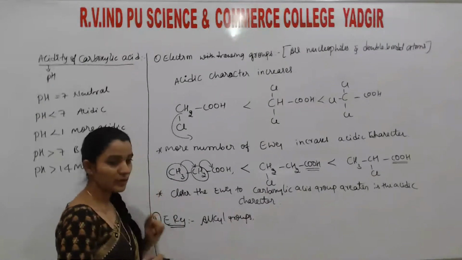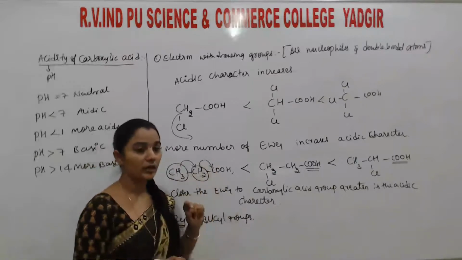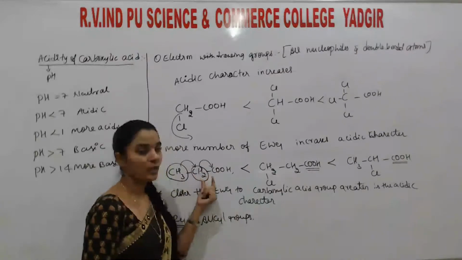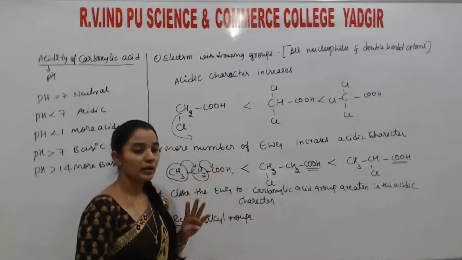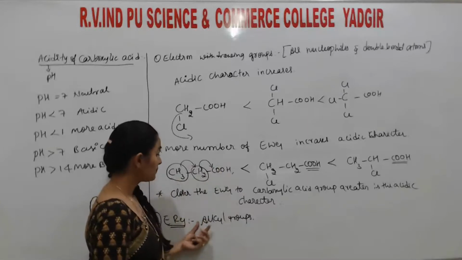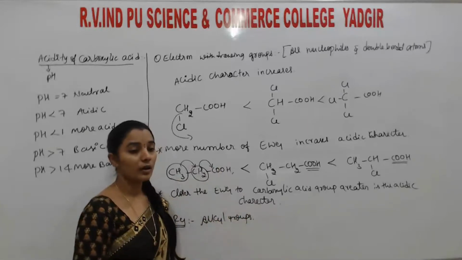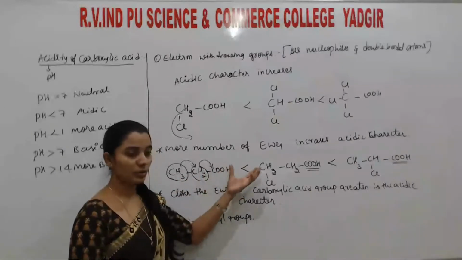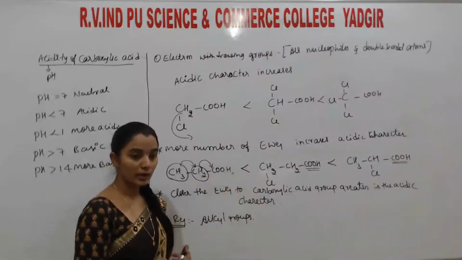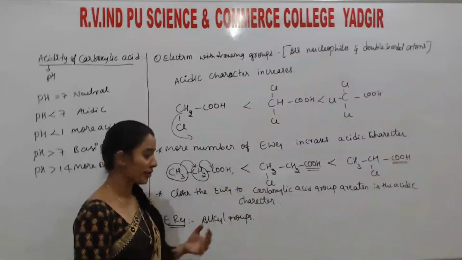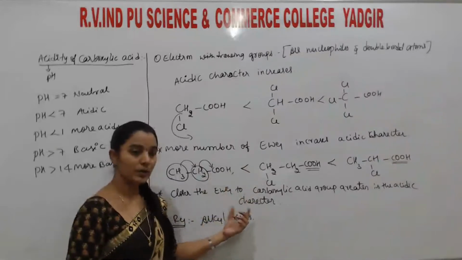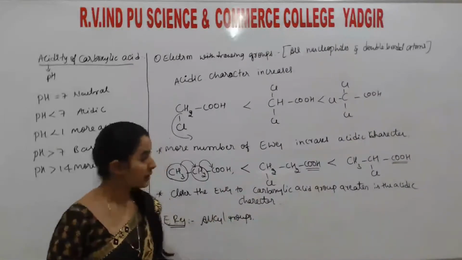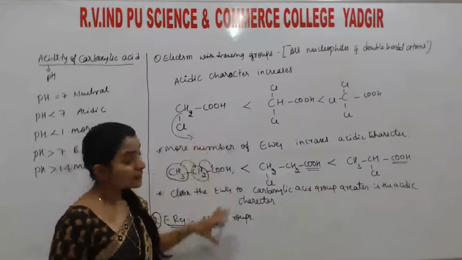According to the Lewis concept, one which donates the electron is a base, not an acid. So if the electron releasing groups are there, the acidic character decreases. If more number of alkyl groups are there, then acidity decreases. Understood? So this is all about the acidic character of acetic acid.